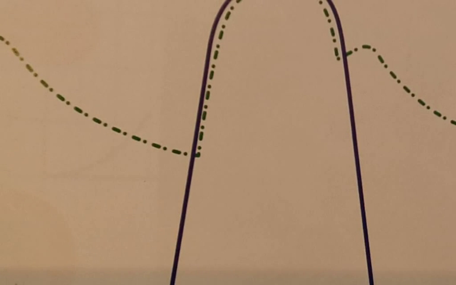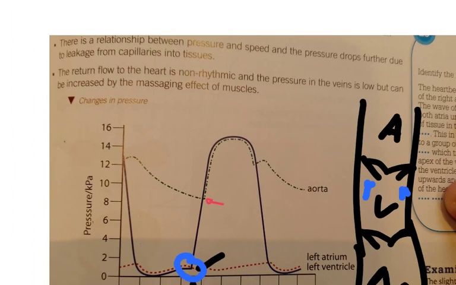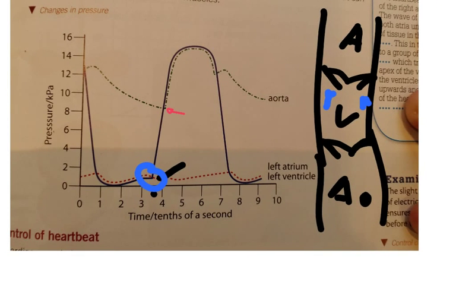Which occurs here. So at that point, between here and here, both the valves are closed. So the valve between the atrium and the ventricle is closed, and the valve between the ventricle and the aorta is closed, because blood can't be pushed out.